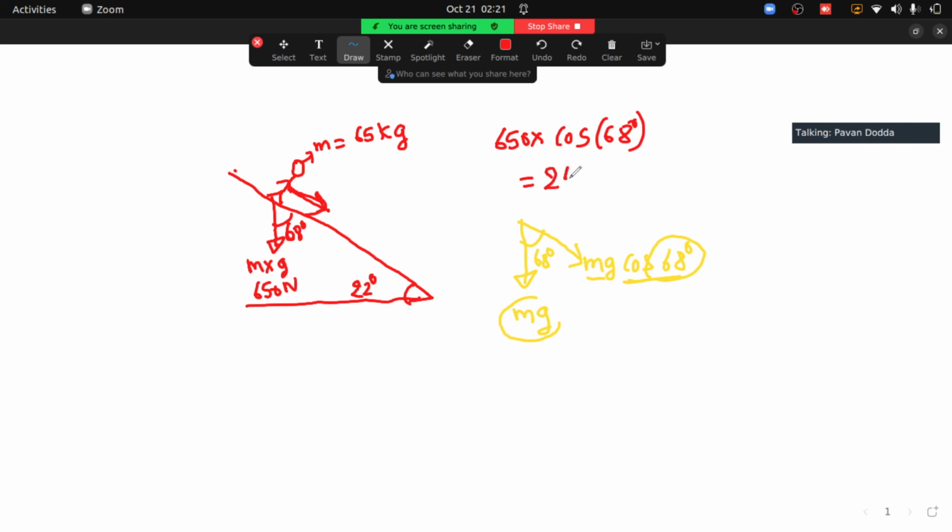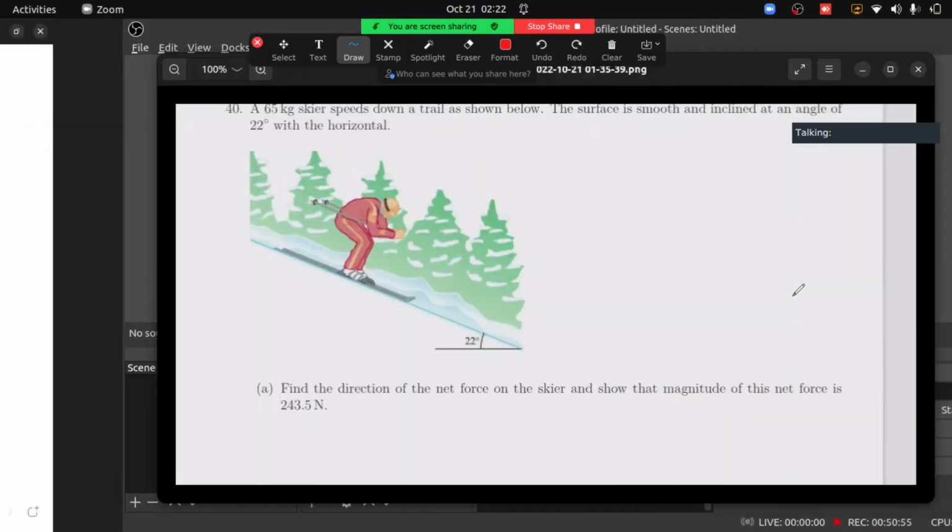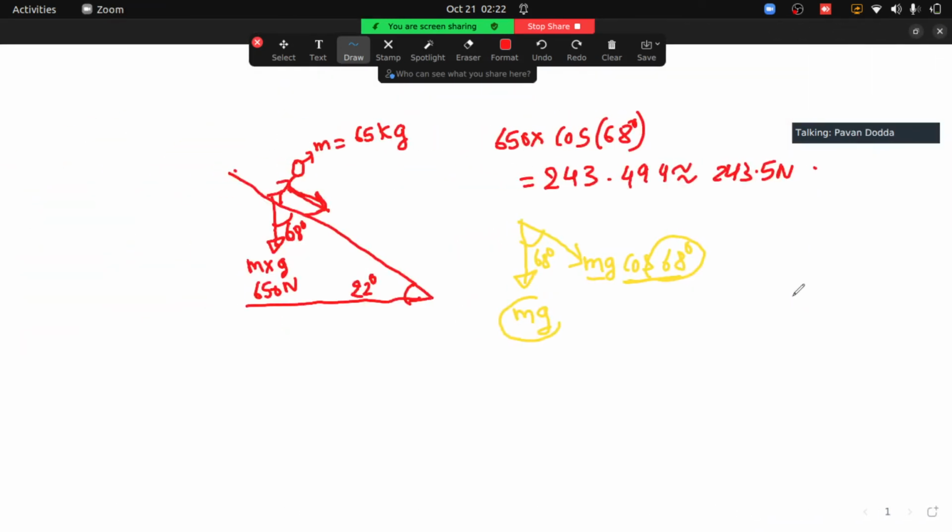Yeah, 243.494, which is approximately 243.5. It's a good approximation, by the way. So this is about the first part. Okay, that's the answer to the first one.